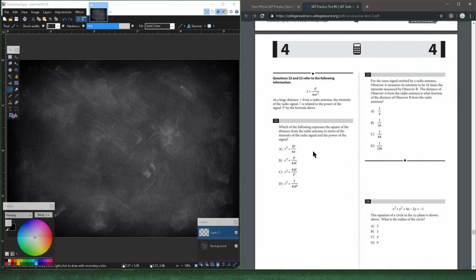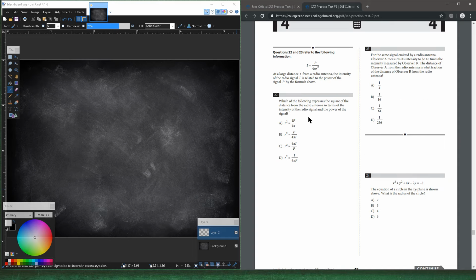Questions 22 and 23 refer to the following information. At a large distance R from the radio antenna, the intensity is I and the power of the signal is P. Which of the following expresses the square of the distance from the radio antenna? So we want to look for R squared, so we gotta move R to the other side.